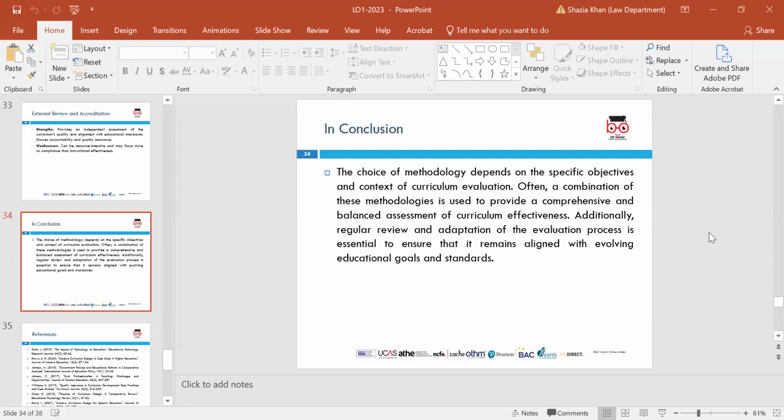Often a combination of these methodologies is used to provide a comprehensive and balanced assessment of curriculum effectiveness. Additionally, regular review and adaptation of evaluation is essential to ensure that it remains aligned with evolving educational goals and standards. So, the element of making sure that everything is followed and in line with it.